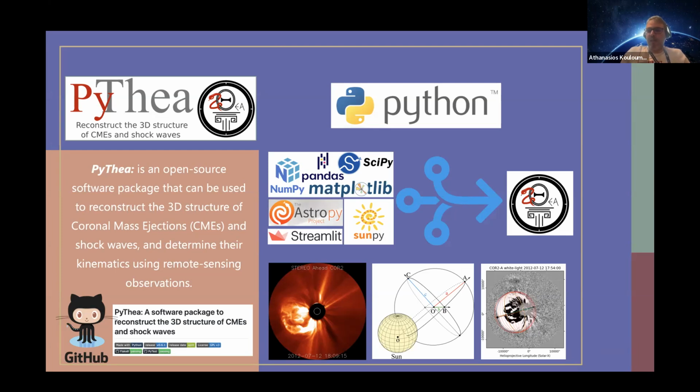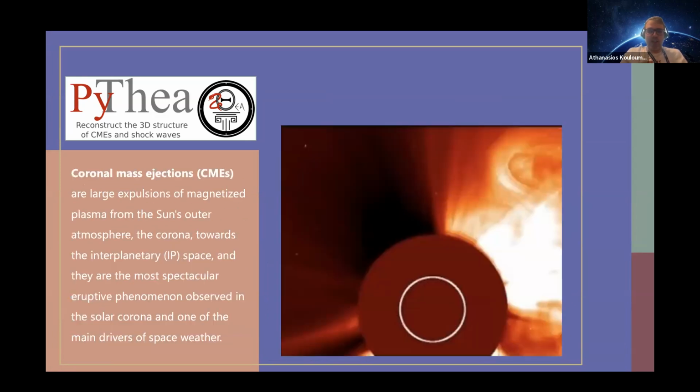So I will spend some time showing a few details in the PowerPoint of how this package is constructed, and then I'm going to show you on the web how the graphic user interface looks like, and we're going to play around with the tool.